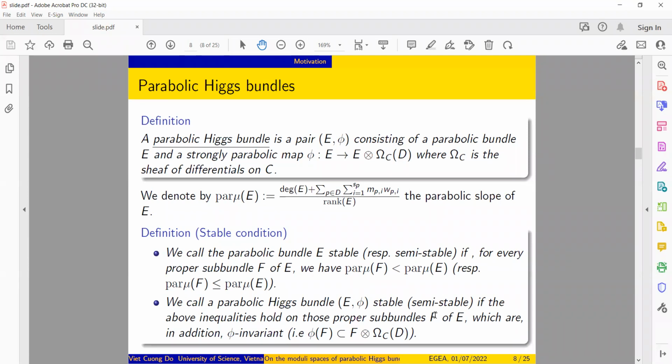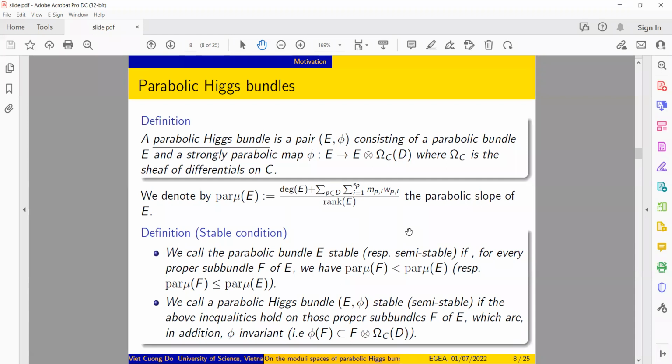is very bad. And so we need GIT theory, we need some stability condition, and to define the stability condition for the parabolic Higgs bundle, we just add some term. Normally the slope is degree over rank, and now for the parabolic Higgs bundle we add something to control the weight, and we have a similar condition for stable and semistable as in the case of vector bundles.